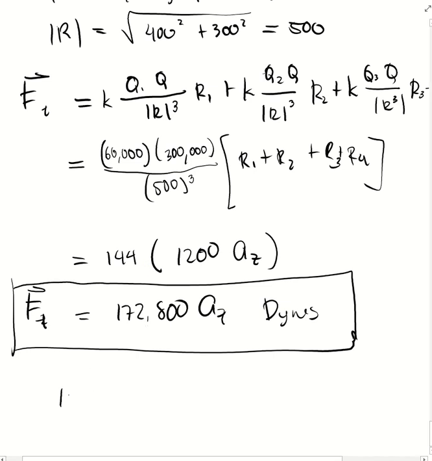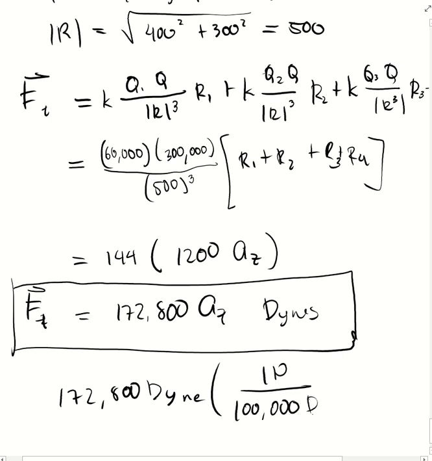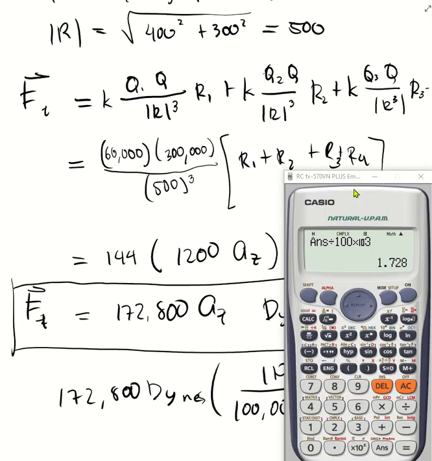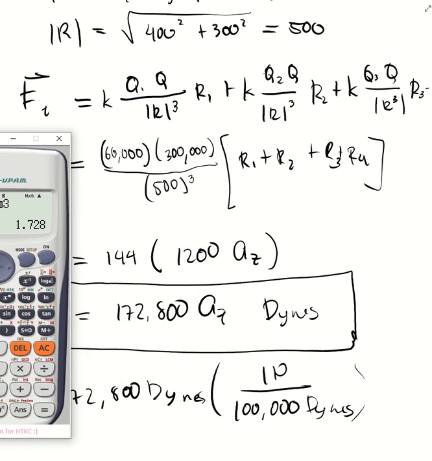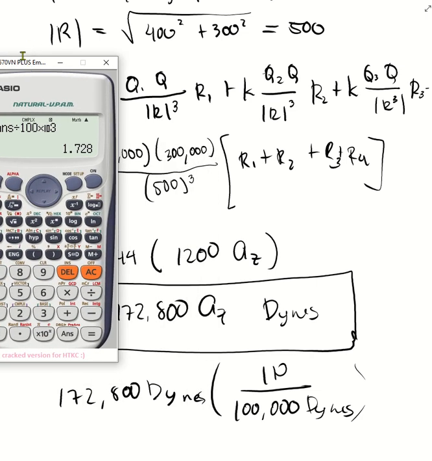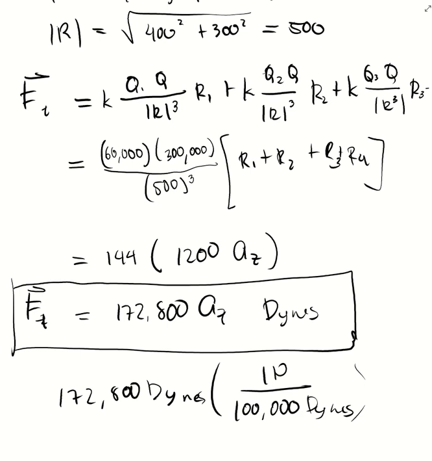So if you convert 172,800 dynes to Newton, dividing by 100,000, this should be around 1.728 or 1.73 Newton. So in Newton, F will be equal to 1.728 AZ Newton.